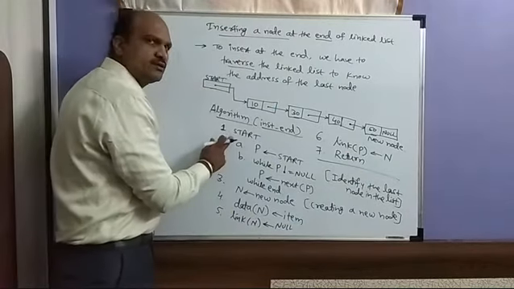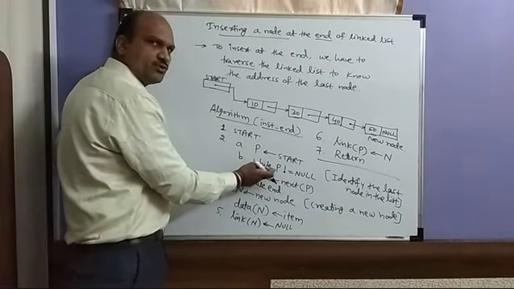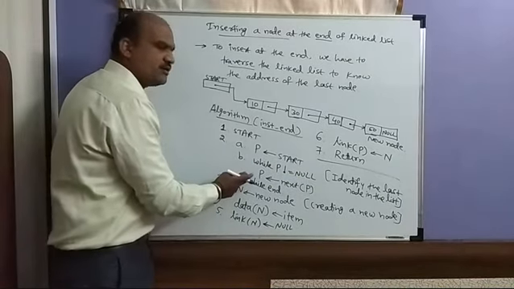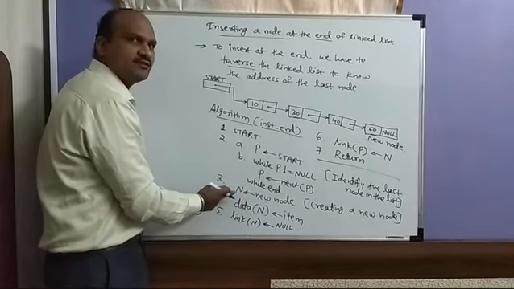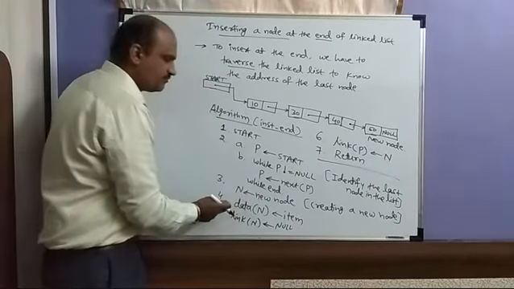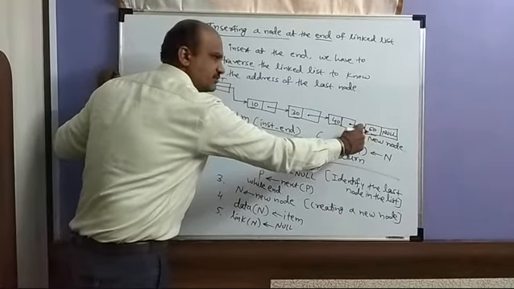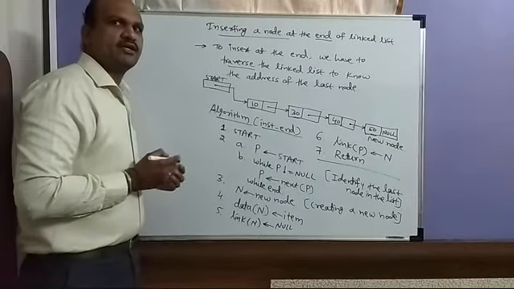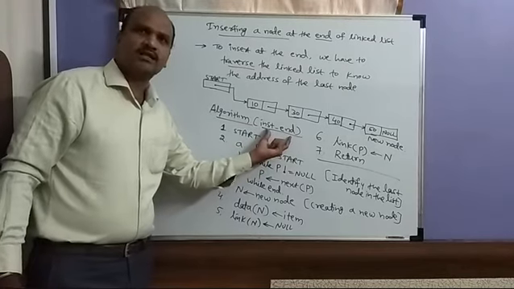So first start, then P pointer at the start, then while P is not equal to null to identify the last node in the list, then P becomes next of P, going to the next node. Then create the new node, insert the data, link will be null, then the node will be connected to this pointer. Then return. This is how we insert a node at the end.